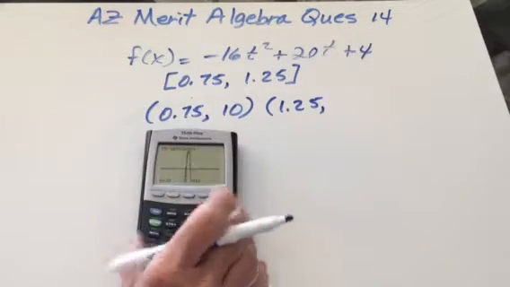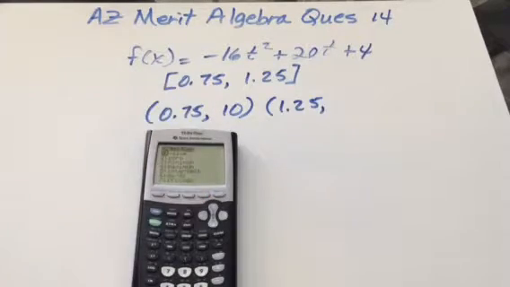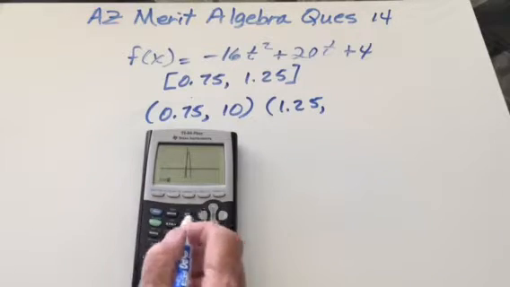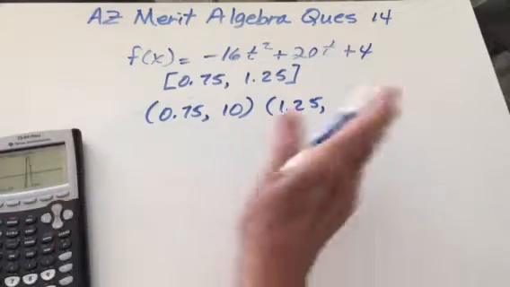Just do it again: go second, calculate, and push enter. What is y when x is 1.25? Now push enter, and you'll find that y is 4.